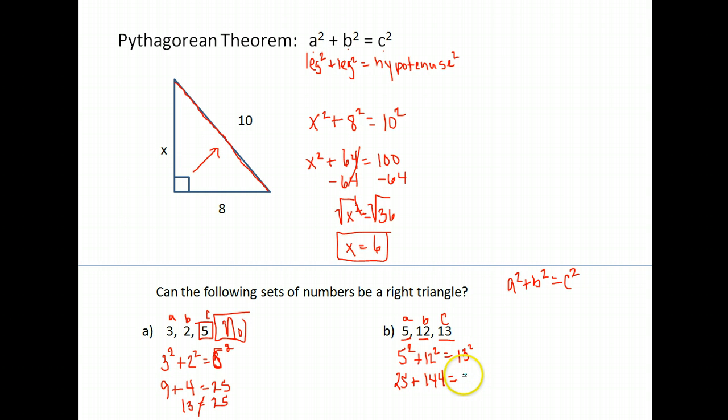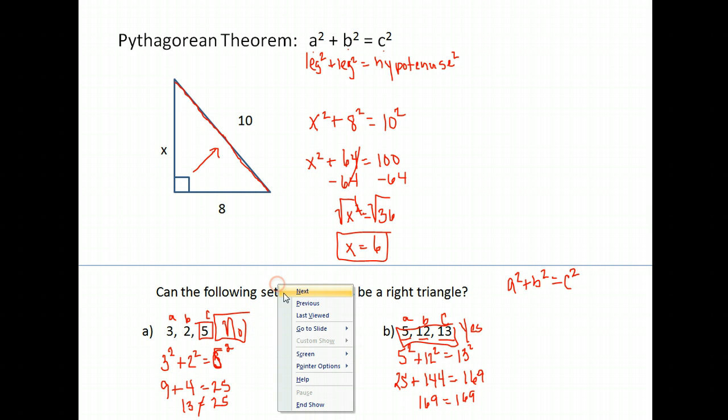And 13 squared, 13 times 13 is 169. Does 25 plus 144 equal 169? It actually does. So this would be the sides of a right triangle. So this one's a yes, this one's a no. So that's how you can test that.